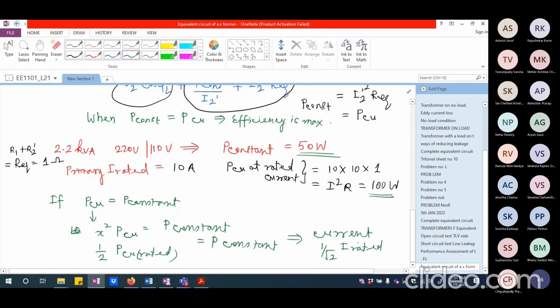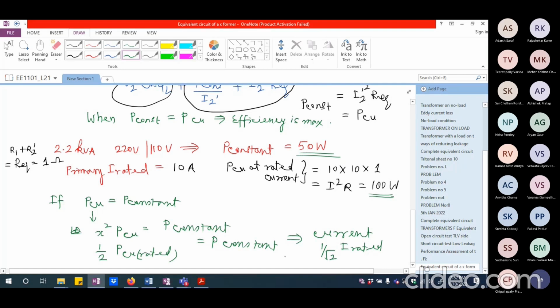If my transformer carries a current of 10 by root 2 ampere, then I would have the copper losses also as 50 watts. So the copper losses and constant losses will be equal to each other only at 70%, or 1 by root 2 times rated load.